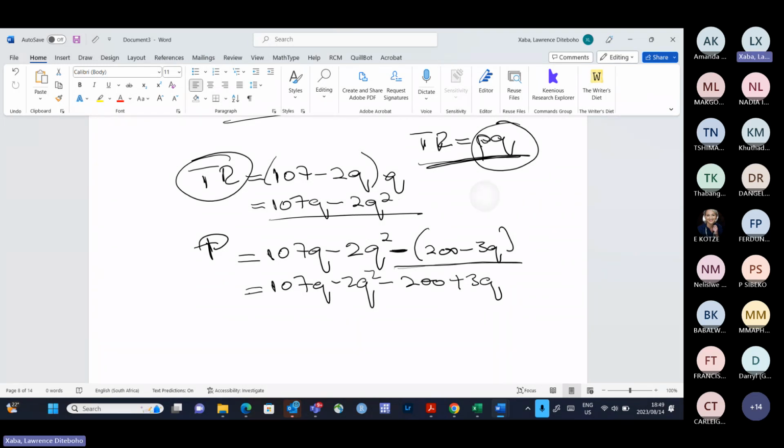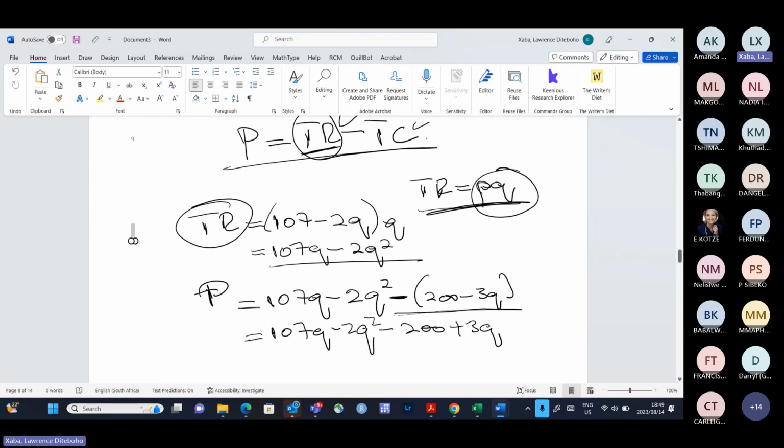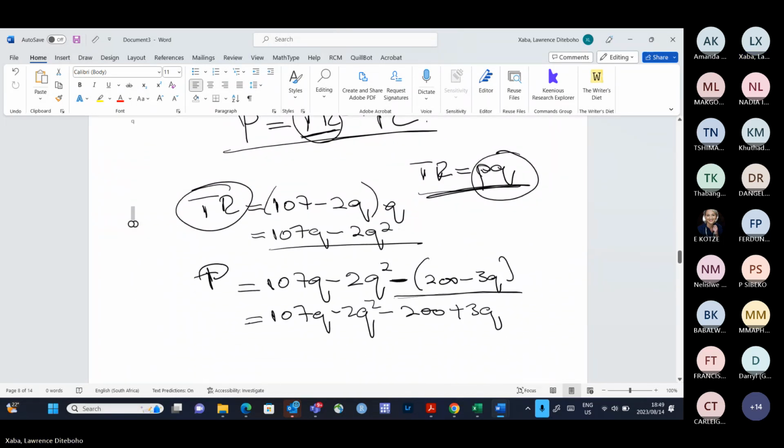Let me check something. Okay, it's plus, so it means originally it was plus. So it becomes negative because it's negative times positive and becomes negative.